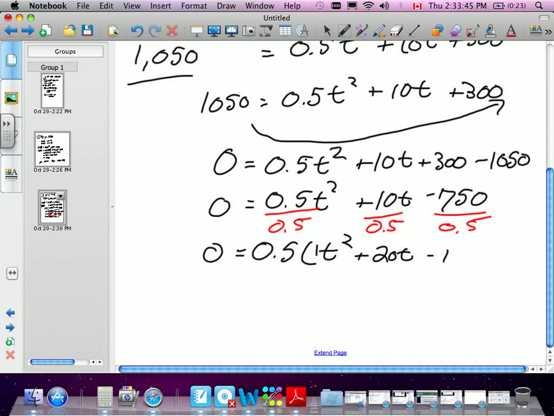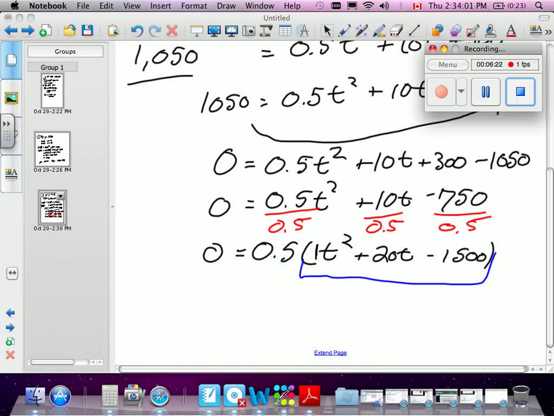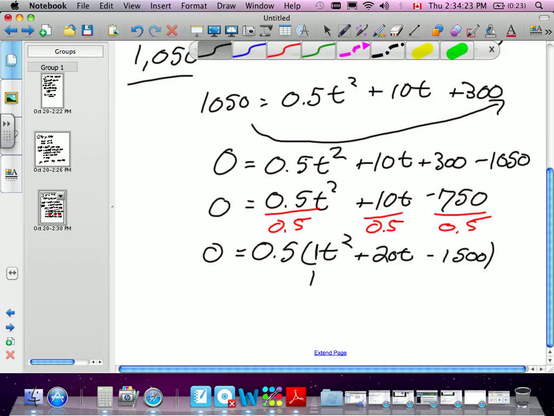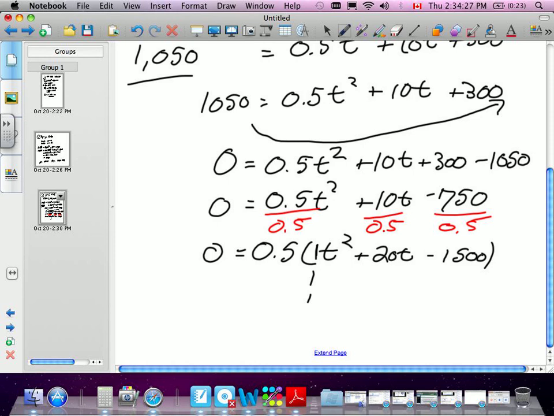So, what I've now done is I've taken the greatest common factor out. And what I need to do is I need to factor this amount. Okay? We need to factor this amount. I'm going to tell you quickly the factors of the last term: 30 and 50.